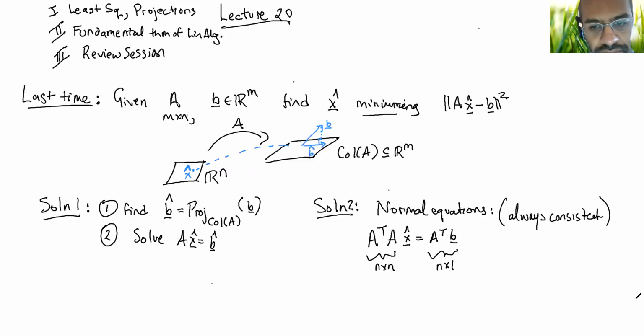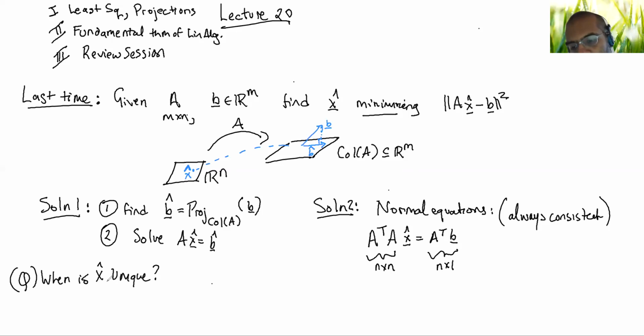But now I can ask one more question. When is x hat unique? Right? So x hat always exists, but when is it unique? And this has an interesting answer. You can actually get two different answers to this, depending on whether or not you look at solution 1 or solution 2.